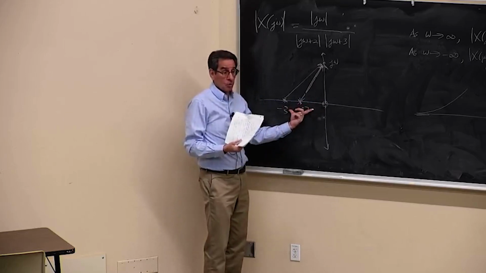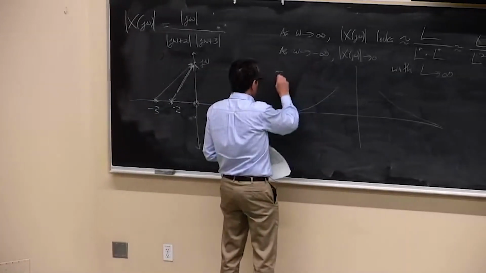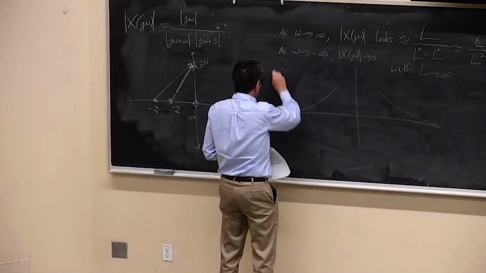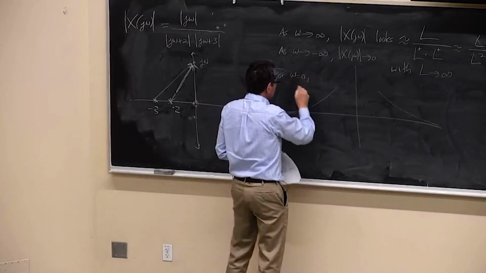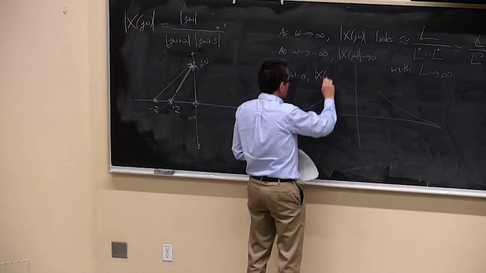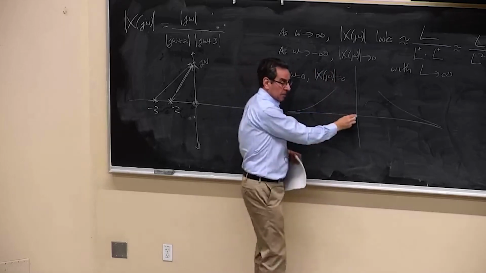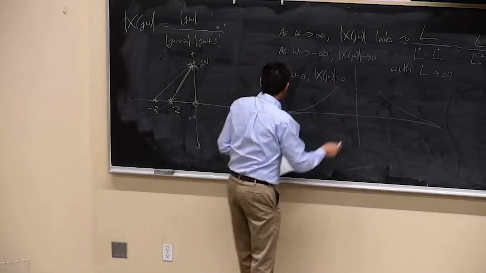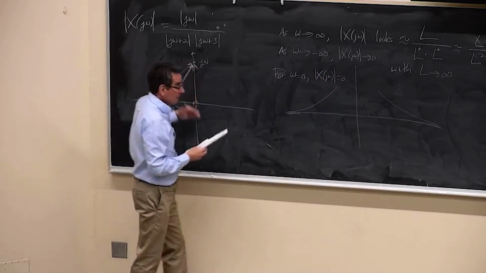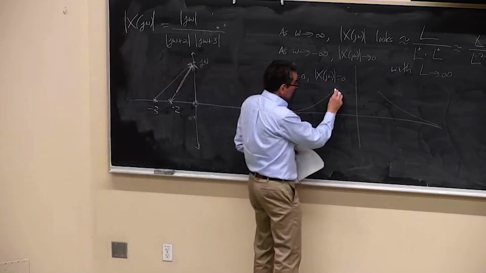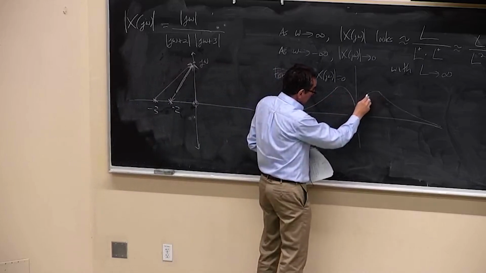So it's 0 divided by 6. So for omega equals 0, the magnitude is equal to 0. So it's down here. Now, you could think about what happens as you approach this, and you can convince yourselves that it's continuous. So it actually goes like this.